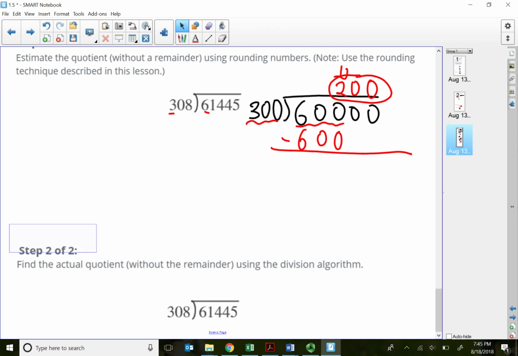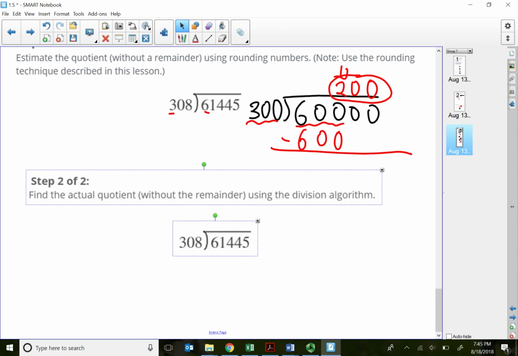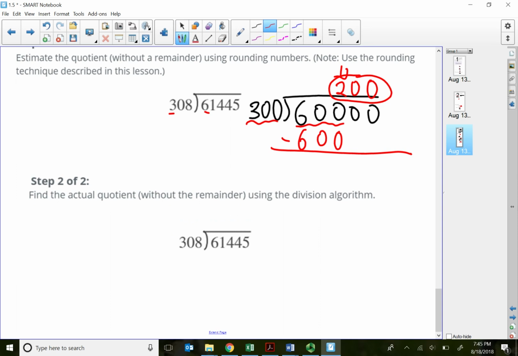So let's check out the actual quotient here. All right, 308 cannot go into 6, cannot go into 61. It has to go into 614. So the first quotient goes on top of the 4, which is the hundreds place.